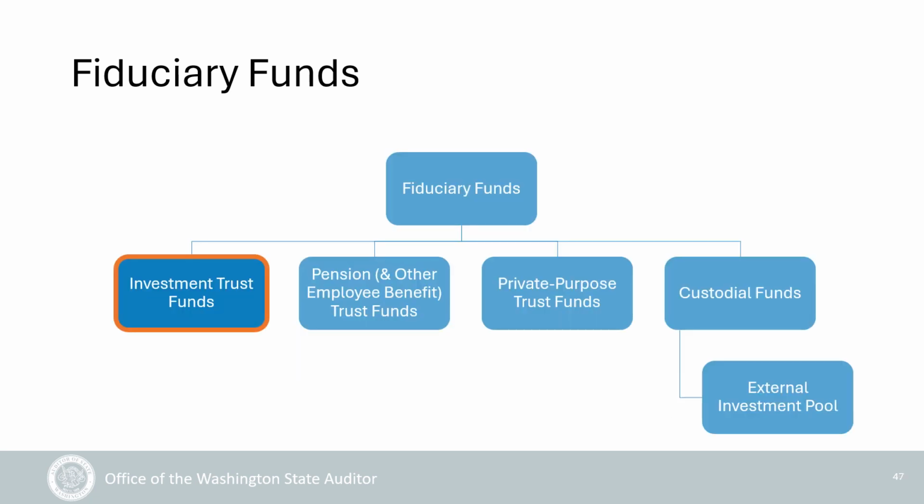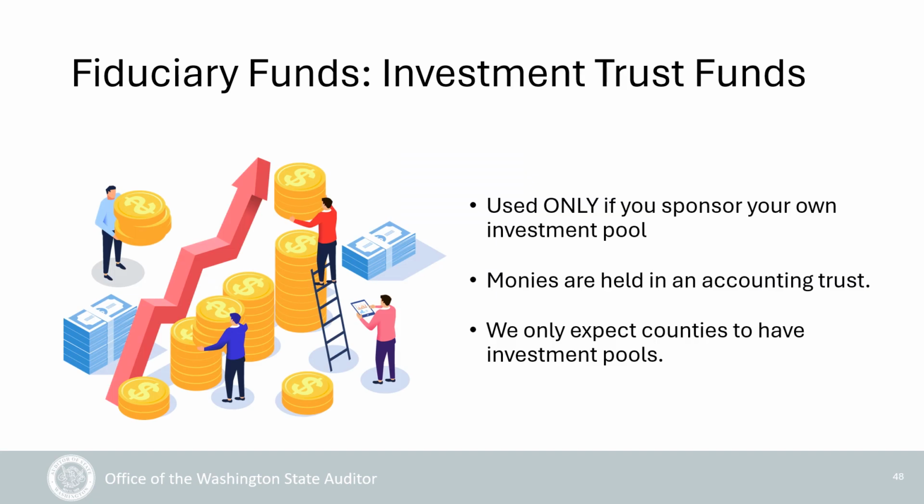Our first fiduciary fund type is investment trust fund. Investment trust funds are only used if you sponsor your own investment pool or hold individual investments for others. This is used to only report the external portion of an investment pool that are in a trust or similar arrangement.